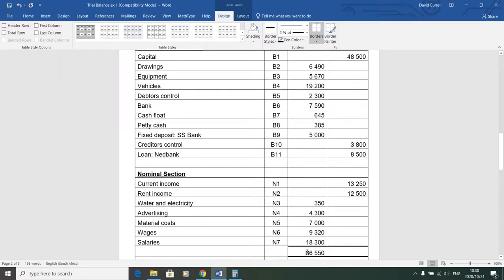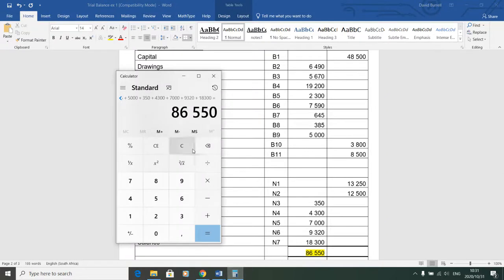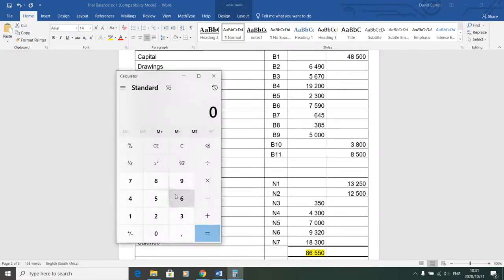So you can see over here, I've got my 86,550 highlighted over there. And then if I go and try my credit column, I just need to clear everything over there. So I'm going to add, if I look at the credit, those are the totals I'm adding over there. So I'm going to go from the top, 48,500.